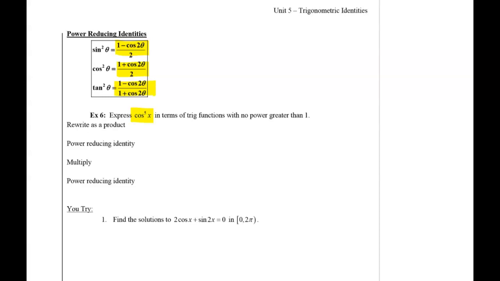We know cosine to the 5th is the same thing as cosine squared times cosine squared times cosine. If I multiply that together, I get cosine to the 5th power. So now we're going to take the cosine squared and we're going to replace it with this identity right up here, which is actually a double angle.